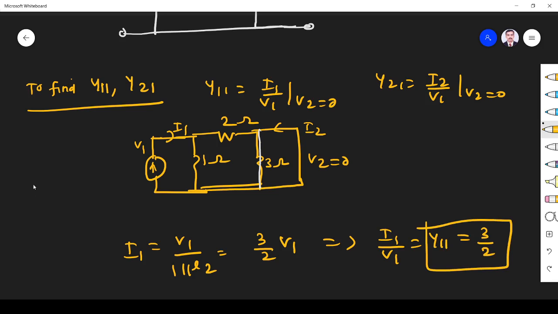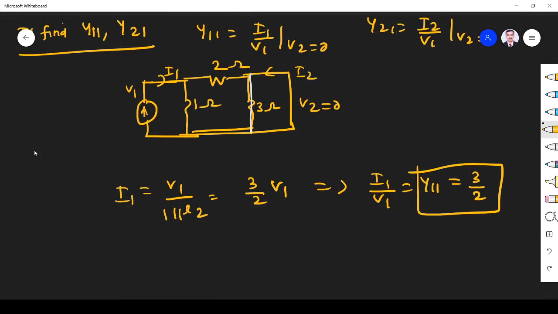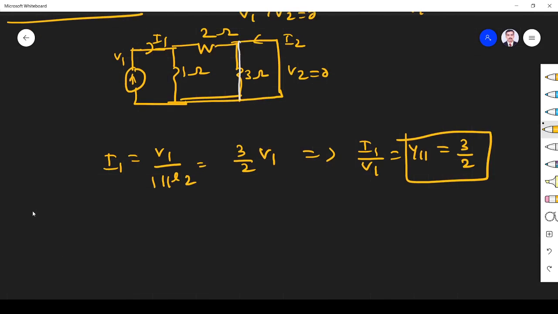Clear? Okay, next we apply the same current division rule. This current comes here, the total current. I want this current I2, so minus I2, because this I2 is in the opposite direction.